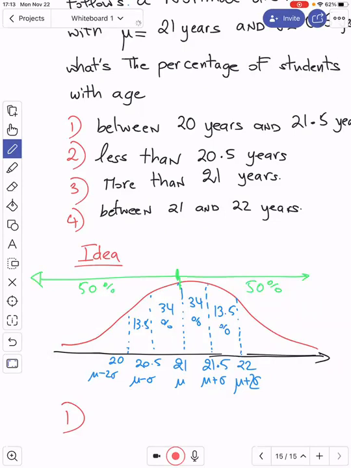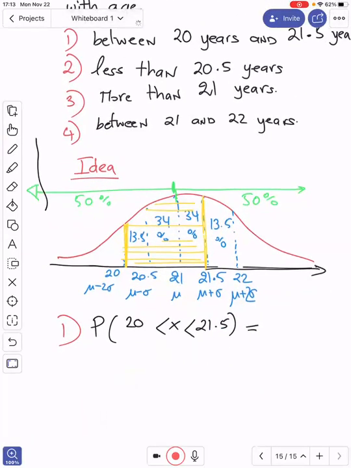So yeah, guys, for number 1, you need the probability that X, the age of the student, is between 20 and 21.5. That will be the area of the region between 20 and 21.5. So you need the area of this region right here. That will be 13.5%, that's the first region.